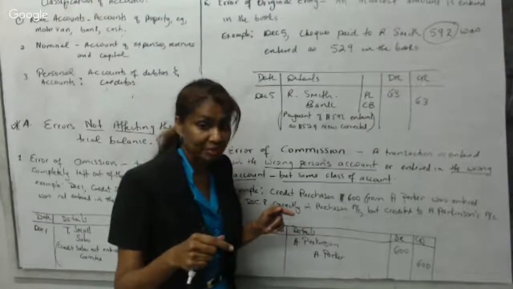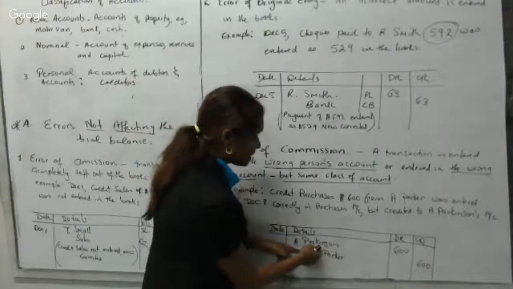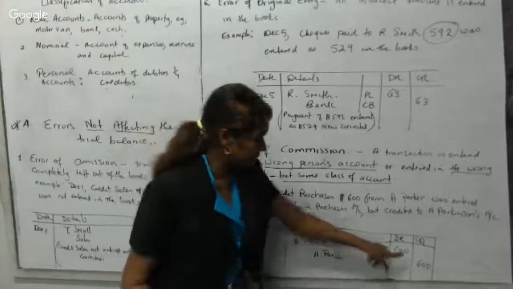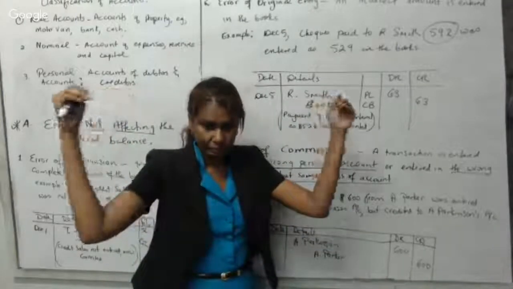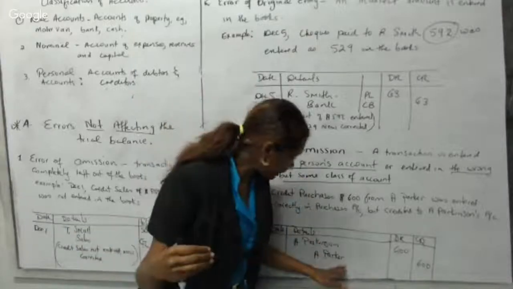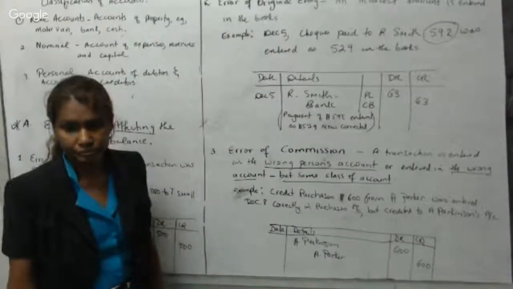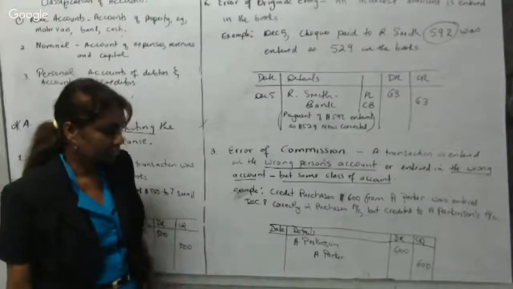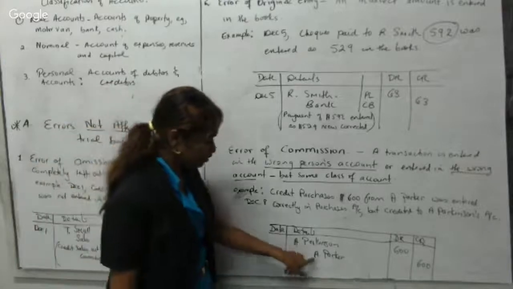That account should not have been credited at all. So you have to remove that credit entry by debiting it. When you debit the 600 to Parkinson's account, you've canceled the entry that you placed there before. And you now put the correct entry into Parker's account, the actual person that should have got the entry. So you take it out of this one, you place it here.